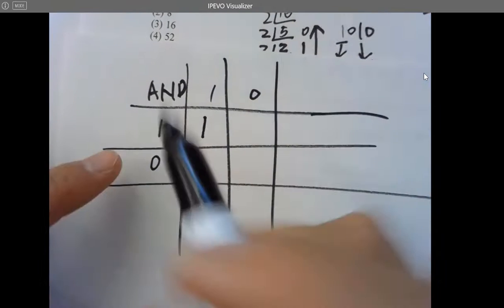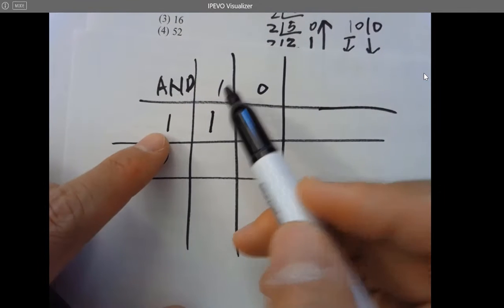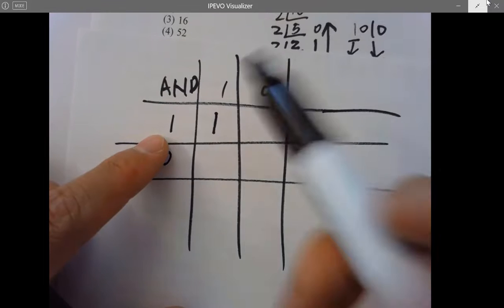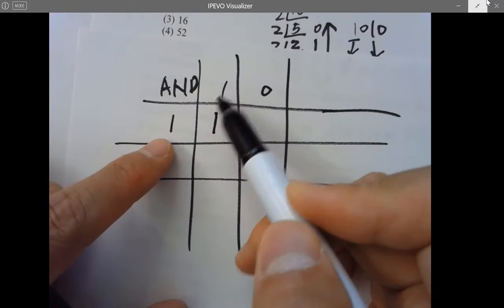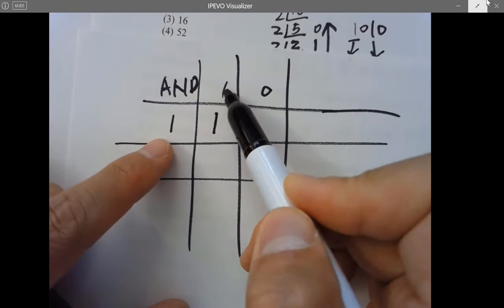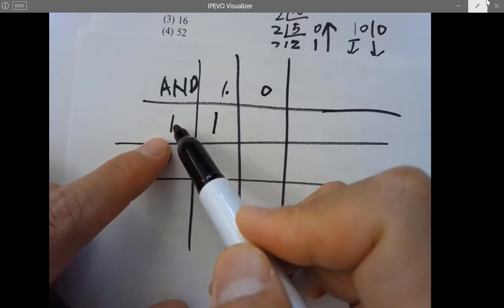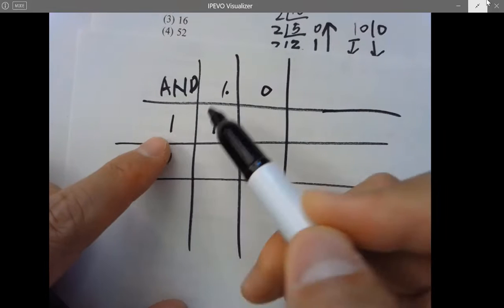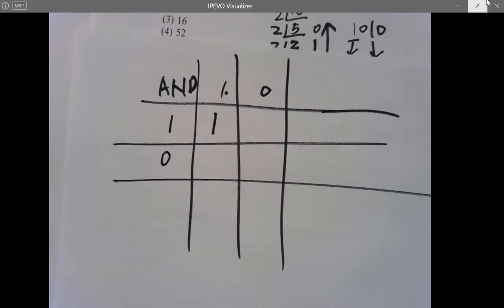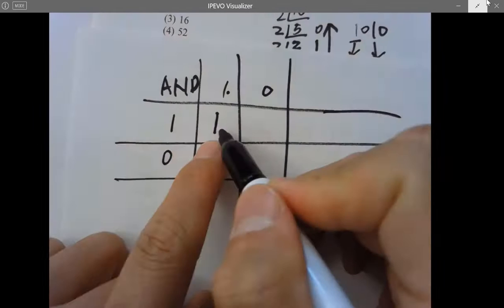If you have two good players, you're the coach, so you can pick up both Kobe Bryant and LeBron James. So 1 and 1 will win the game, right? So both Kobe and LeBron, you'll win. 1 is win.